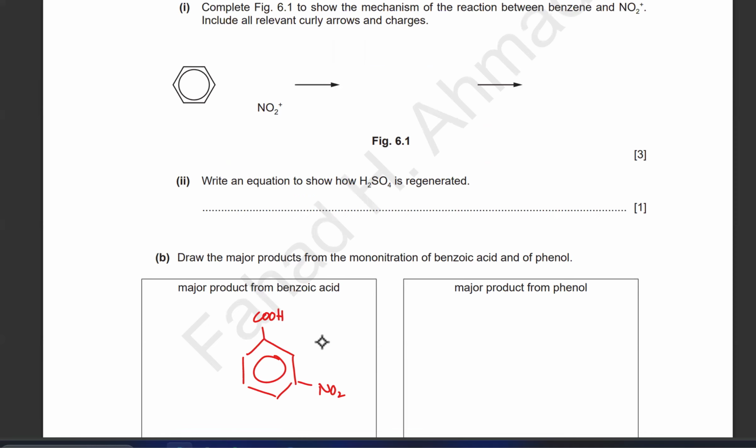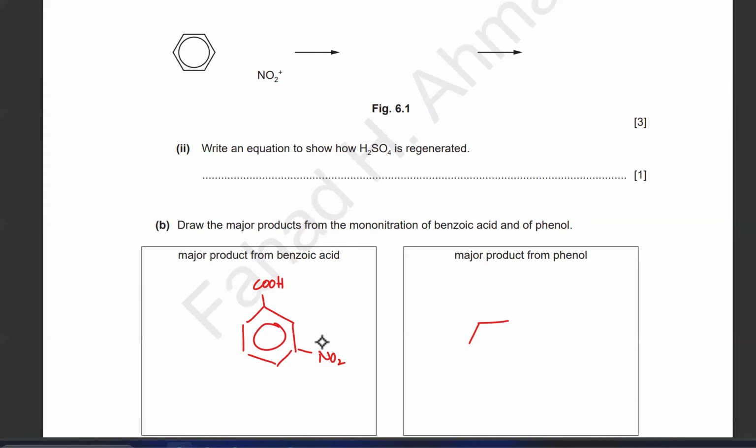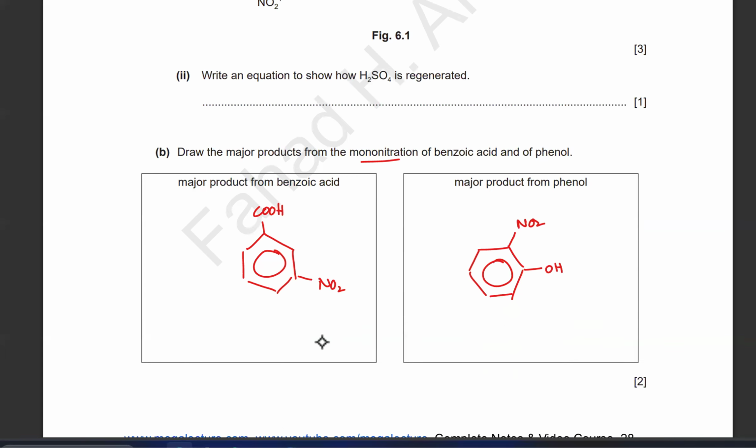And the case of phenol, ठीक है, phenol is highly activated, so it should get attached to all 3 positions. But since he's using the term mononitration, it's either going to get attached to position number 2 or position number 4. The nitro group will get attached to position number 4. ठीक है, clear है? Yes, sir.